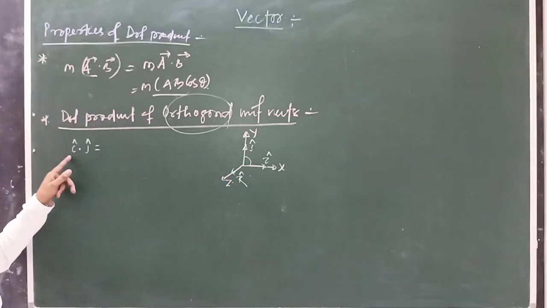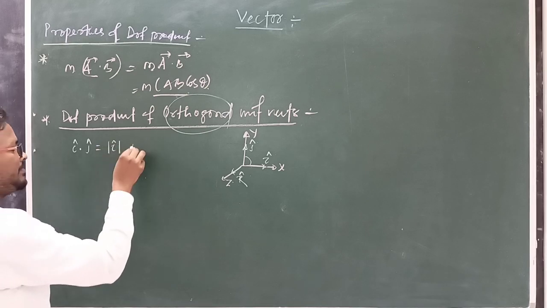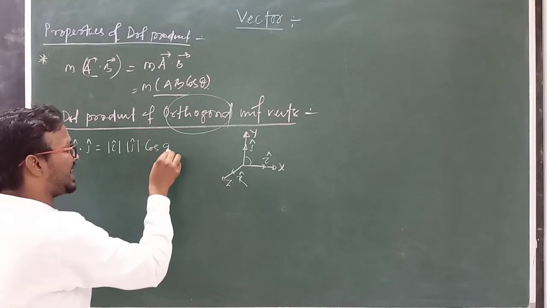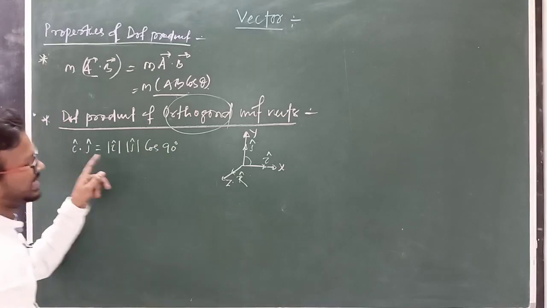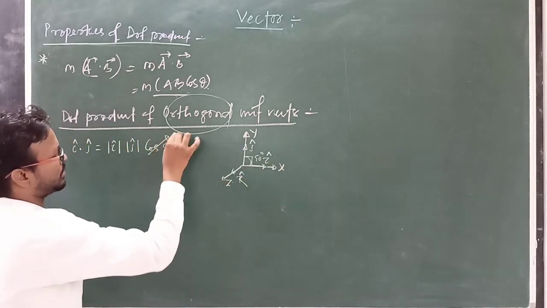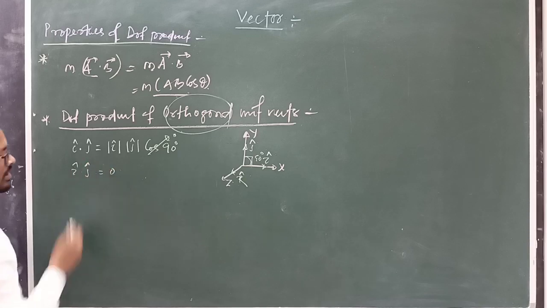Clear? So i dot j equals the magnitude of i times the magnitude of j times cos theta. Theta is the angle between i and j, which is 90, so cos 90 equals 0, and we get i dot j equal to 0.